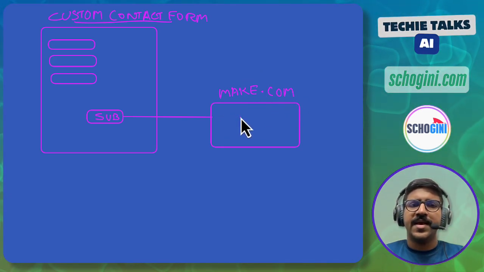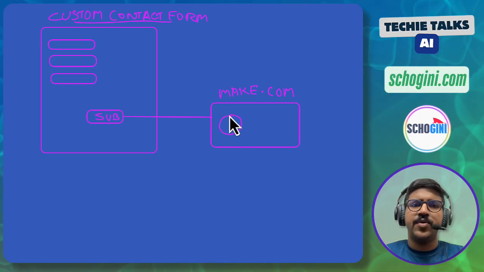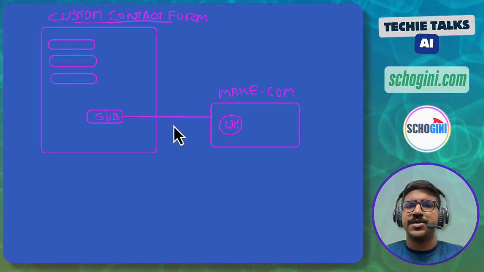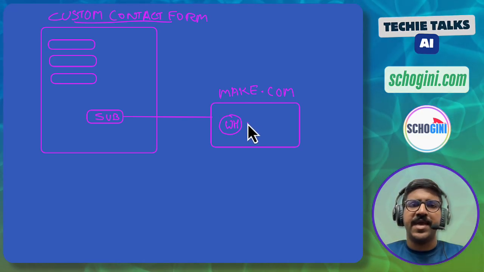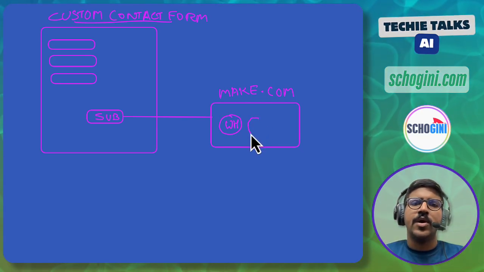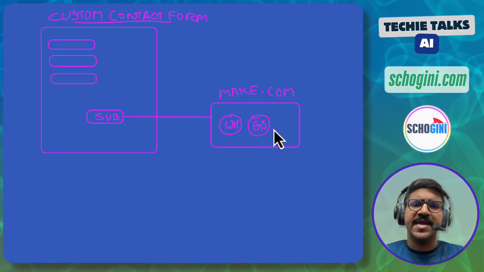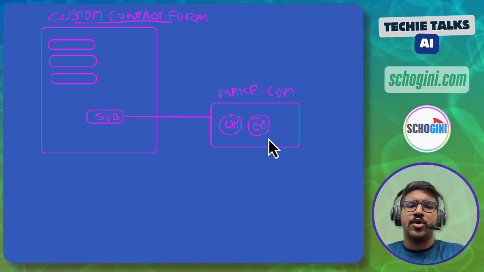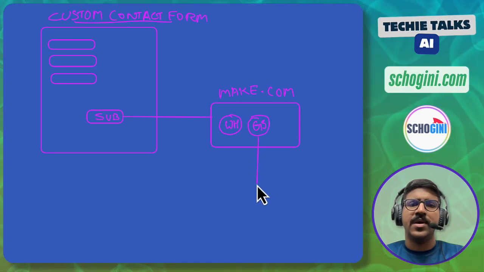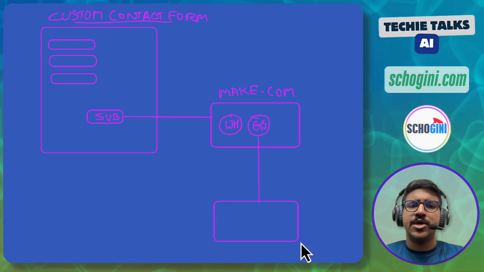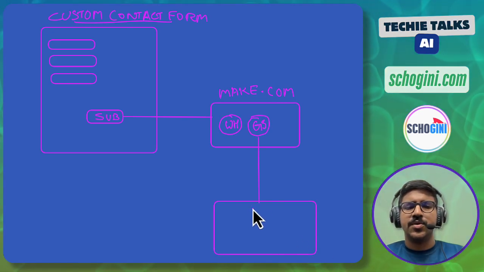Inside this make.com scenario, one webhook will be listening to this particular submission, and with the help of this make.com scenario, we'll be storing the details to a Google Sheet document. So this make.com will be connected to a Google Sheet document.